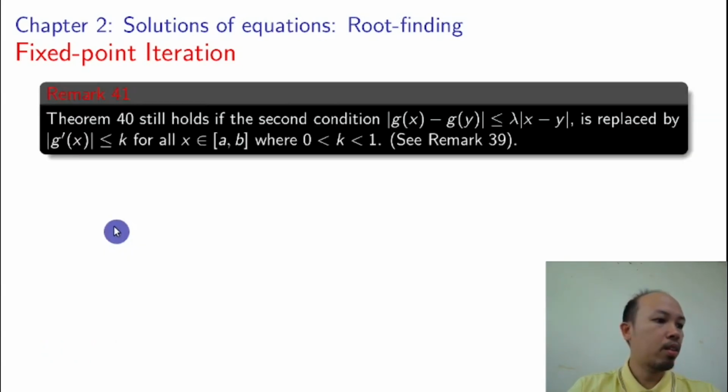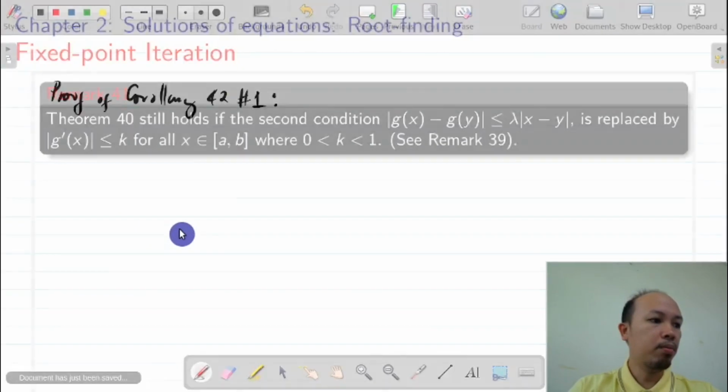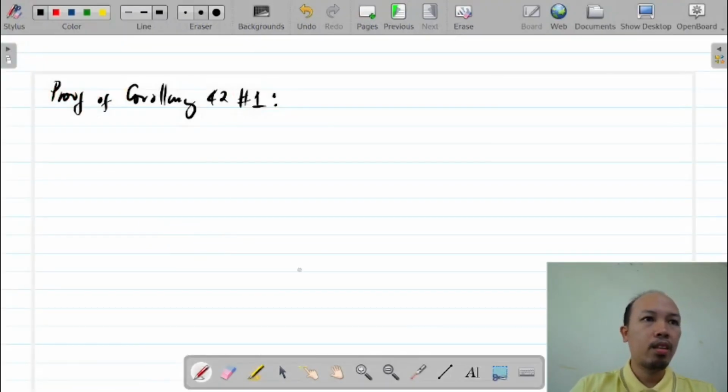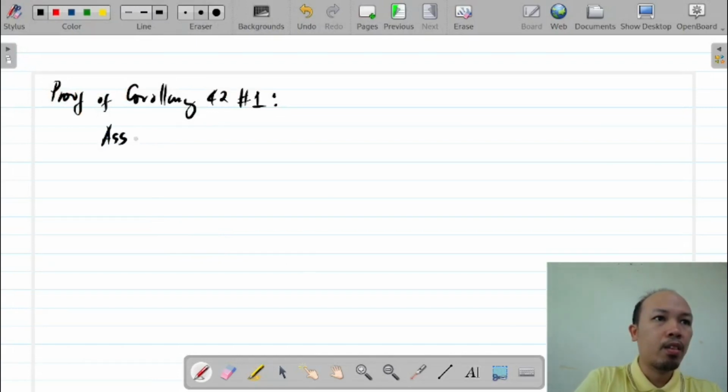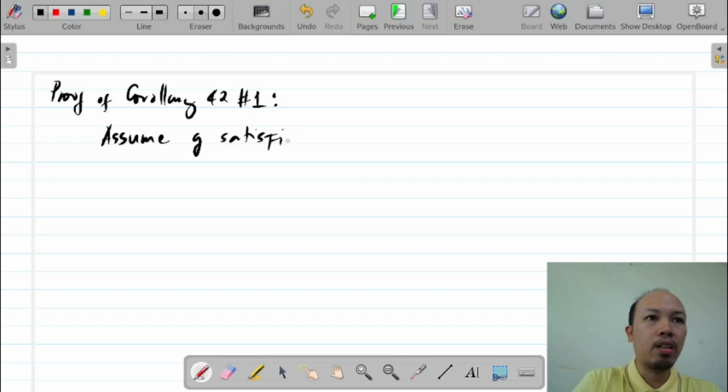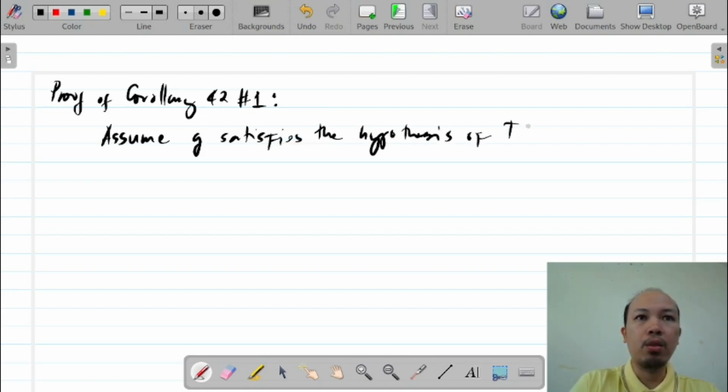Okay, so let's assume that g satisfies the hypothesis of theorem 40.